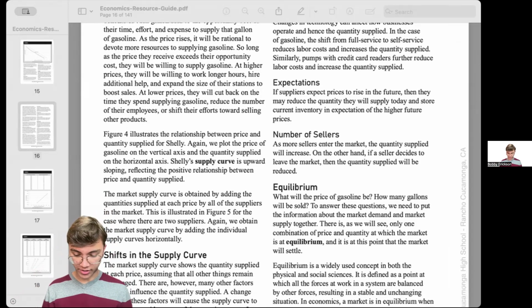Then expectations. If suppliers expect that prices will be higher later on, then they are probably going to reduce the quantity supplied now so that they can have a higher inventory for the future, where prices might be higher.